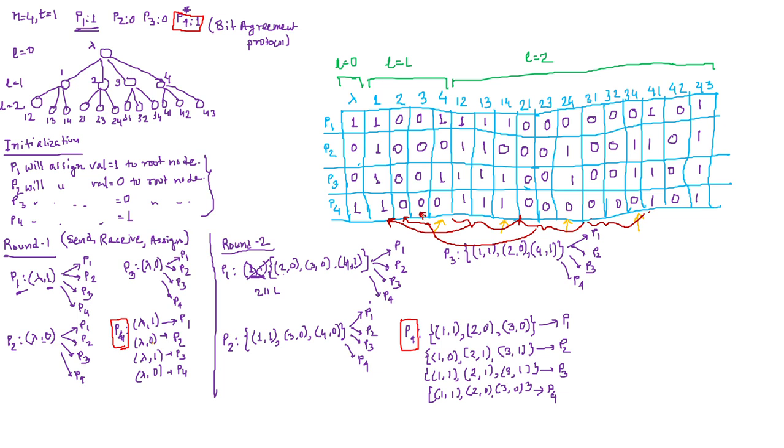You can understand I am not drawing that line. And 4 1, 4 2, 4 3, they will affect the value at this column. Okay.